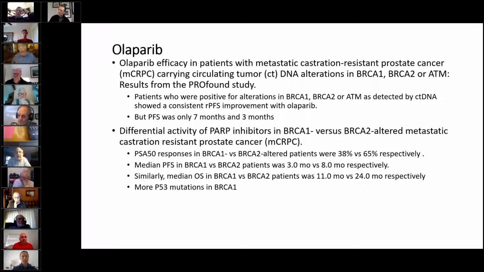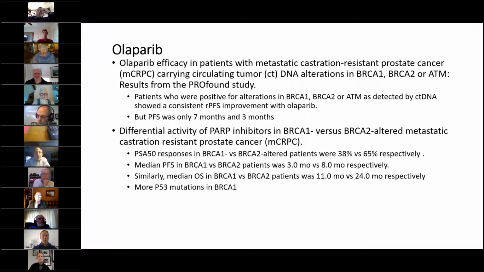But in fact, what I read here is that it really has a better effect for BRCA2 versus BRCA1. And then we'll go on to this in the next slide, whether it actually has efficacy with other mutations in DNA repair pathways seems to still be up in the air.